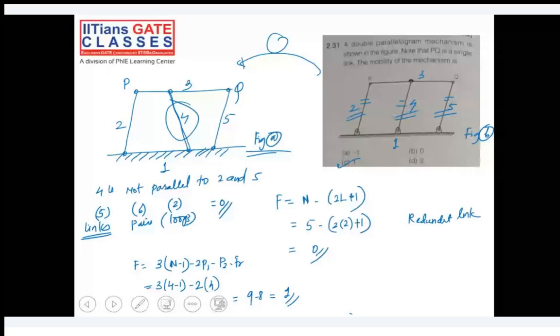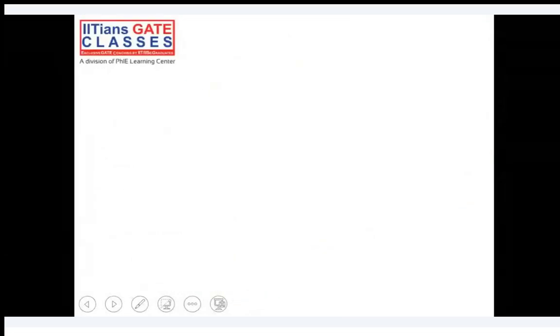Okay, let's take one last question and then we'll stop. You have to find all these things: the number of binary links, tertiary and quaternary links, total number of links, pairs, loops, and degrees of freedom. All these things you have to find in this figure.